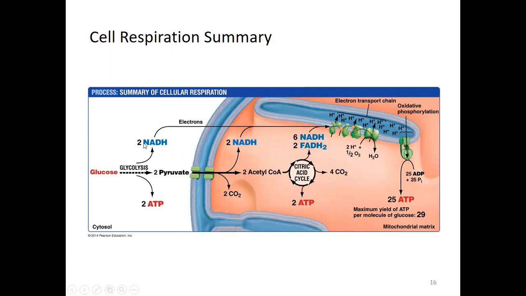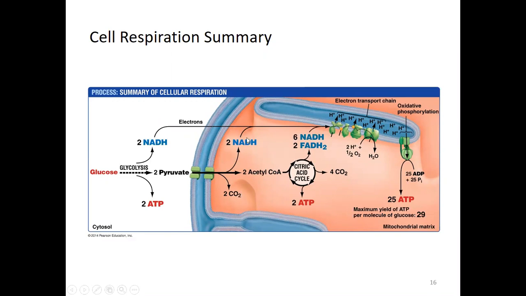So from a single glucose, here's how much energy we can get. Using aerobic cellular respiration, we can break glucose down into 2 pyruvate, get 2 ATP and 2 NADH. We move pyruvate into the matrix. We convert pyruvate into acetyl-CoA and produce 2 NADH. We take that acetyl-CoA through the TCA cycle, produce an additional 2 ATP, 6 NADH, and 2 FADH2.